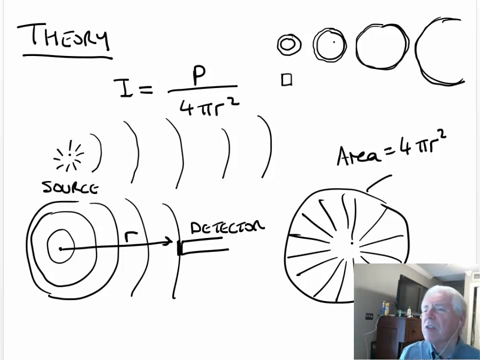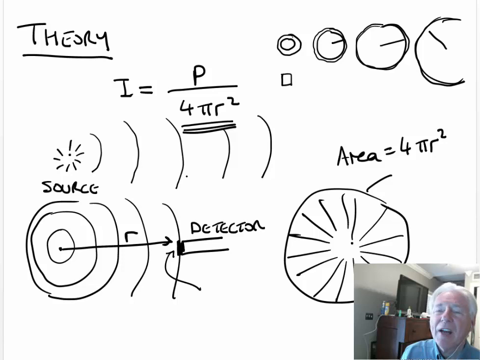So the thickness of the paint is like the intensity. The thickness falls off with the radius of the sphere that the detector sits on. Now, as a teacher, I can confuse you a bit by saying I'm going to give you the area of the detector, and the area of the detector is not the area we're talking about here.